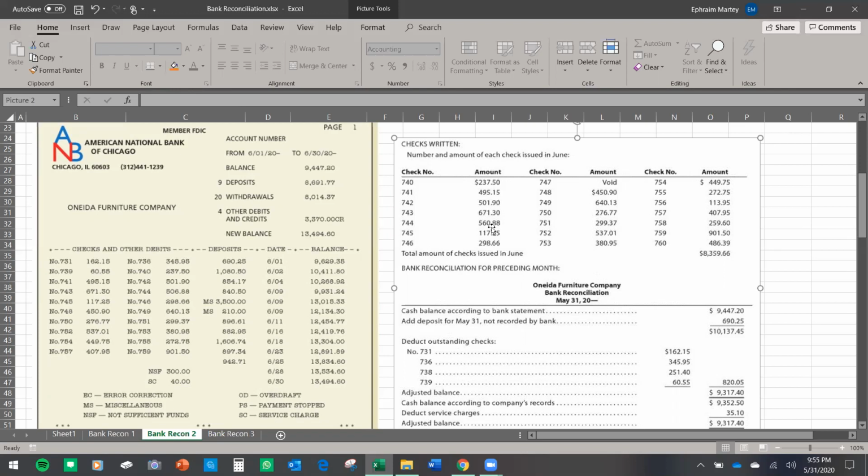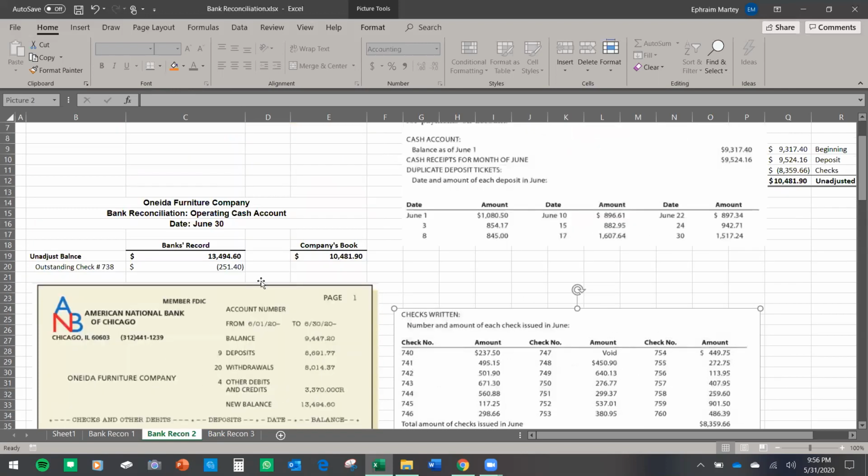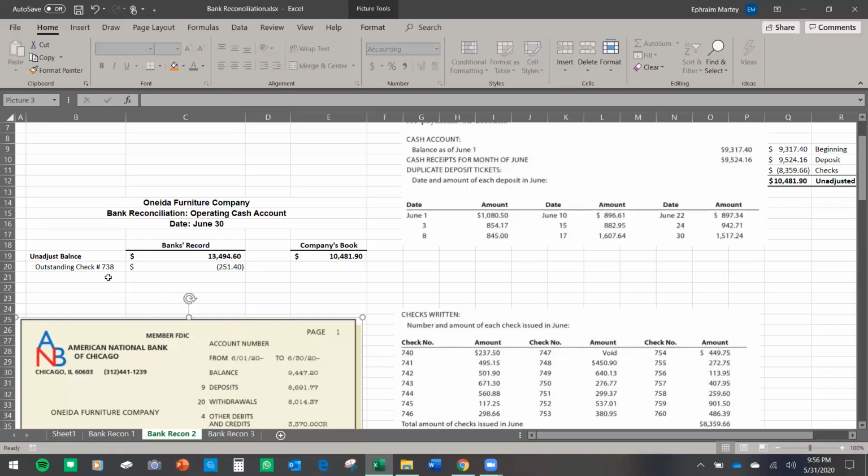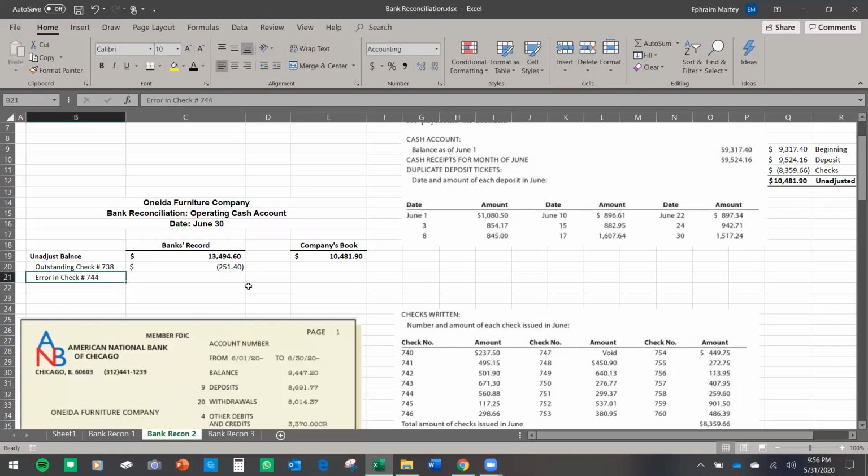So we recorded more than we're supposed to. So we have to add it back to our cash account. We were supposed to record 506.88, but we recorded 560.88. So we have to record it back into our account. And how do we do that? This is an error in check number 744, so we have to add it into our account.